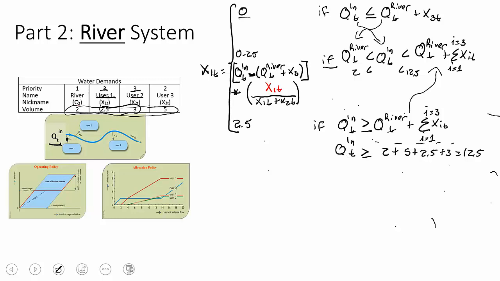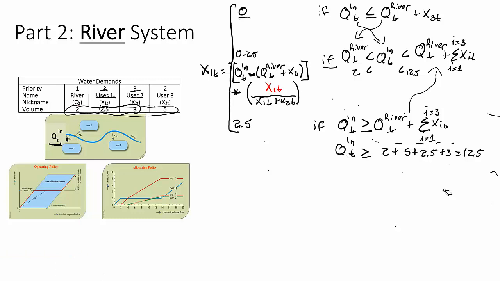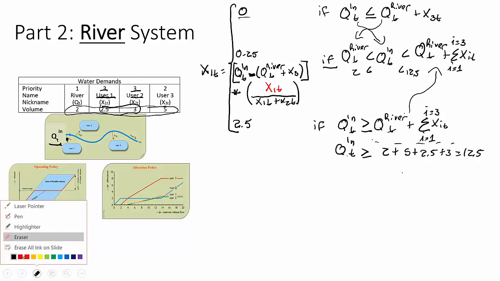Now let's think about the last user, which in our case is user number 2. How much water will it receive?